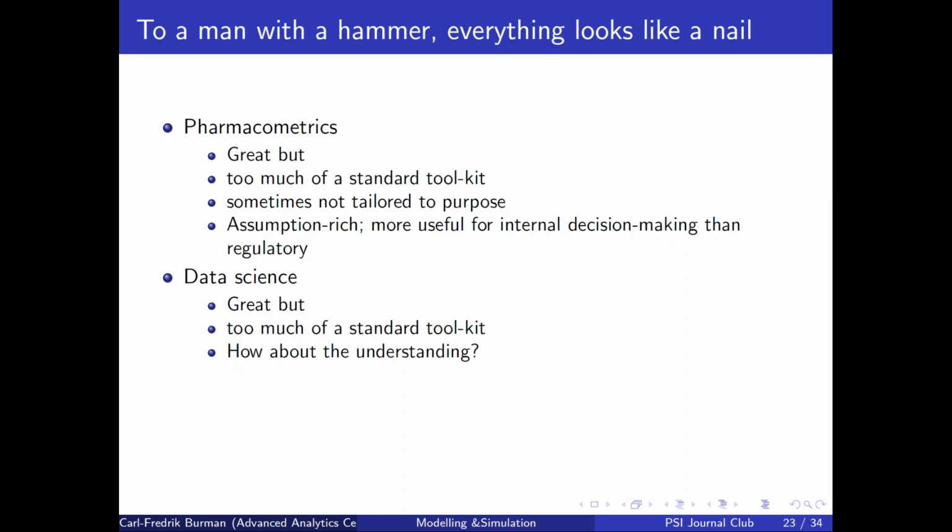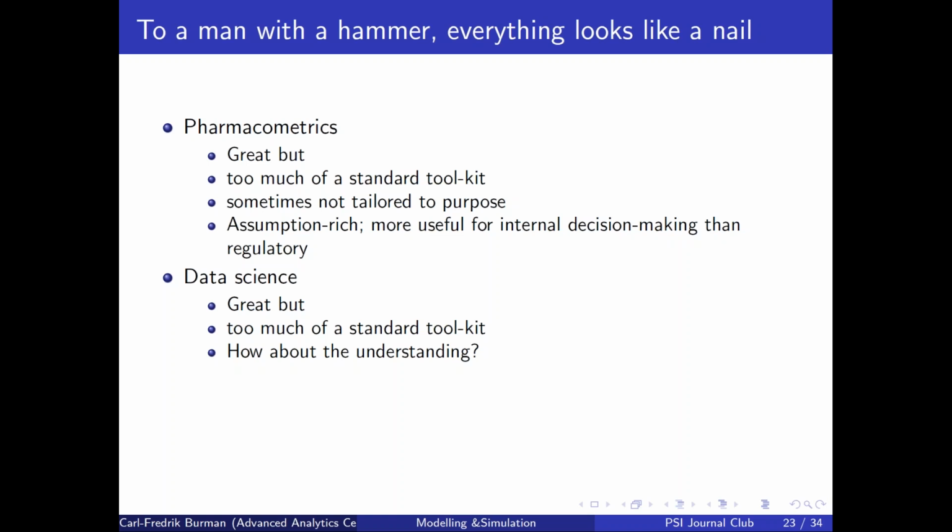The new hype, of course, is data science, much broader than the old hypes about pharmacometrics and adaptive designs. Data science we're talking about all over society. And I think it's a bit the same there. It's great, but do they really have an understanding all the time? Or are they trying to understand what the models are really saying?